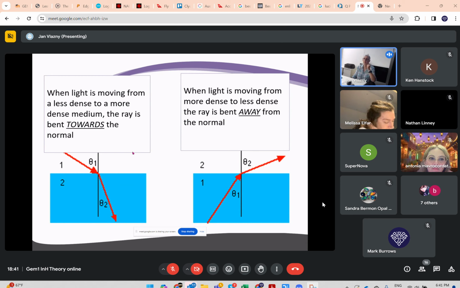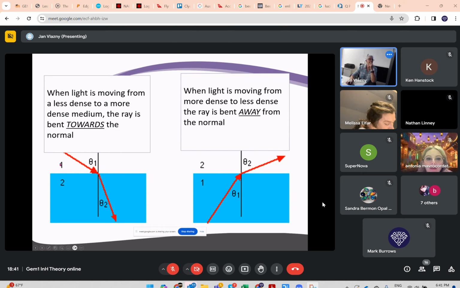Both ways are valid, and you could be asked to work out either in your exam. We end up with a refractive index, which is the bending of light for a particular gemstone, and each gemstone has its refractive index with respect to something like air.